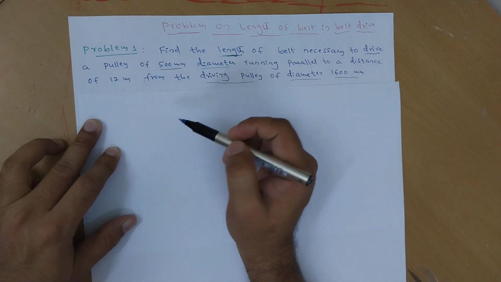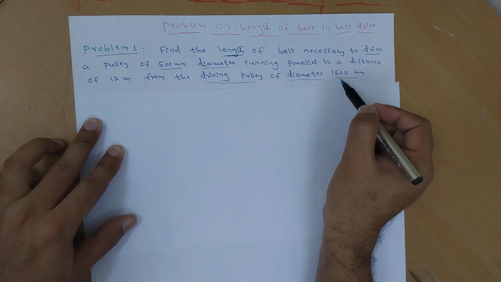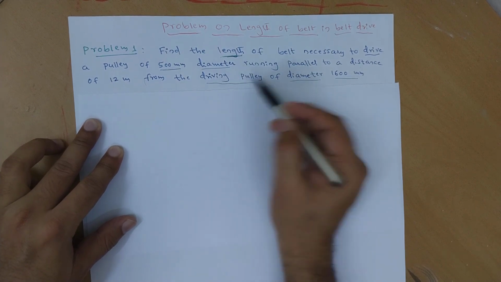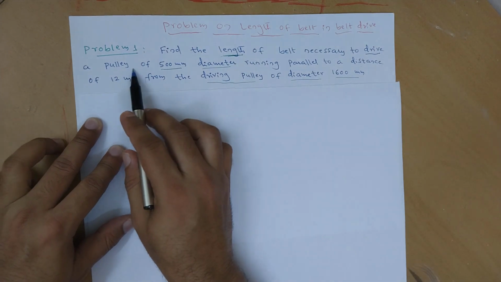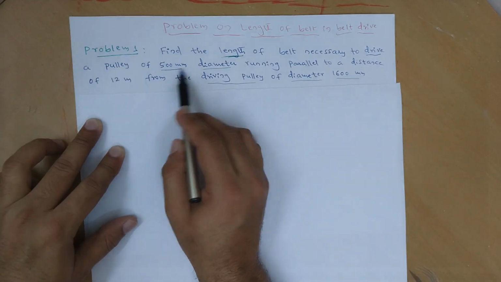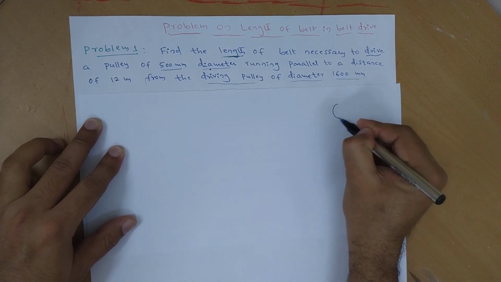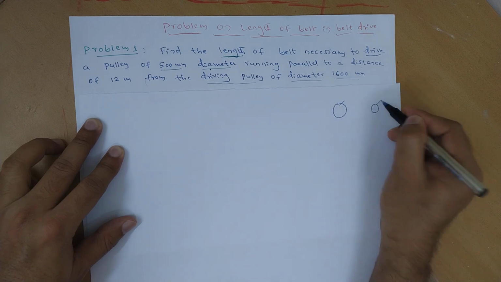From the driving pulley of diameter 1600 mm. It means this is the driver pulley, its diameter is 1600 mm, and the driven pulley's diameter is 500 mm. If it is an open belt drive, this is the driver and this is the driven.